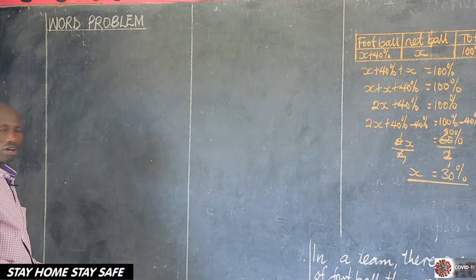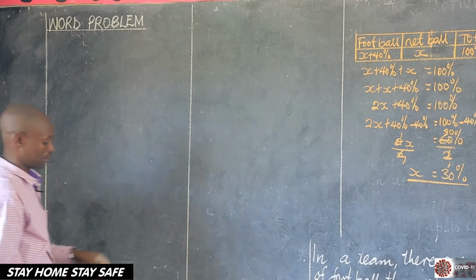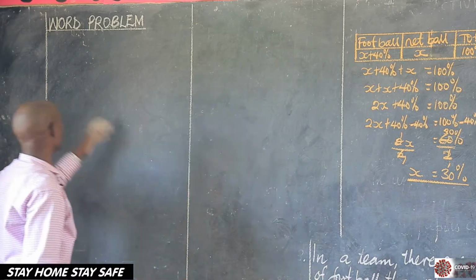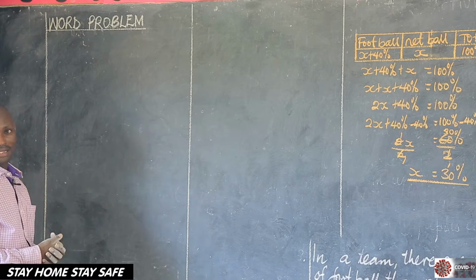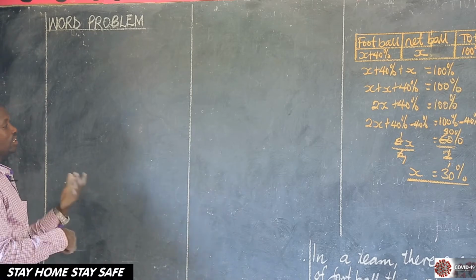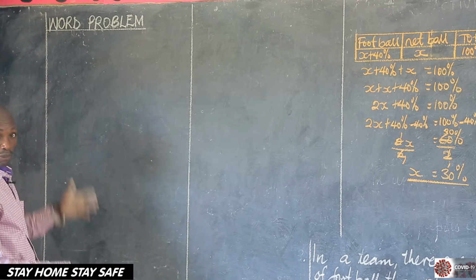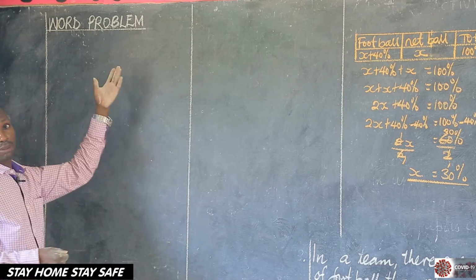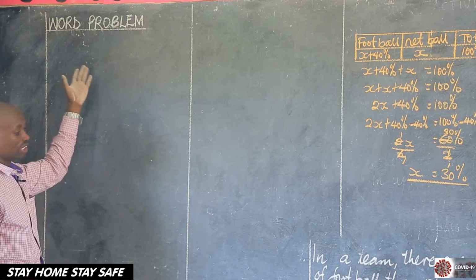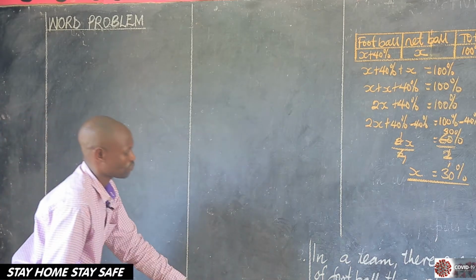The answer is no. We call it a word problem because we are going to use very many words, and in those words you are supposed to read and interpret. So in actual sense, it is not a problem because we are going to get the solution.